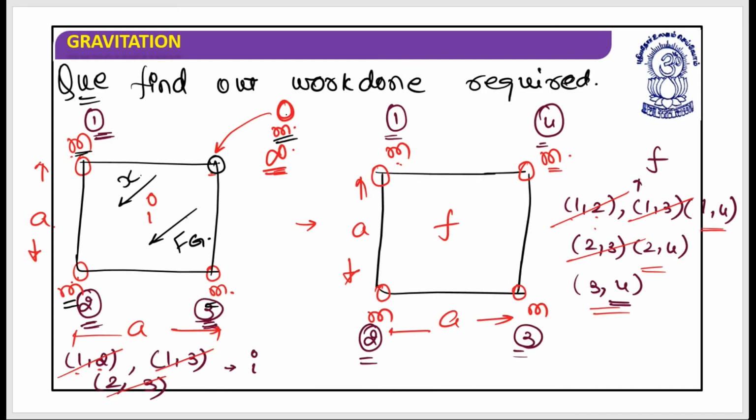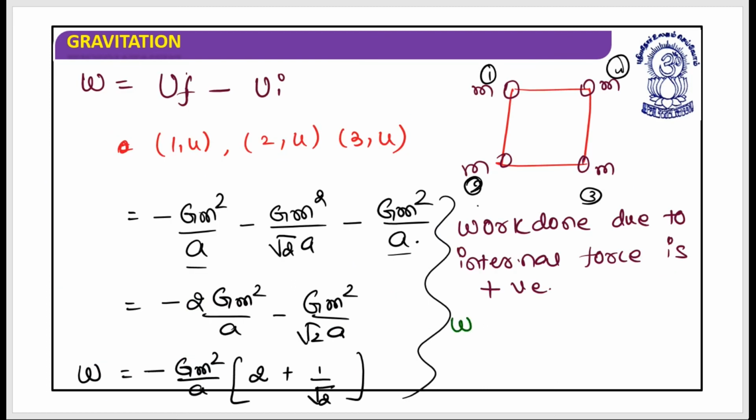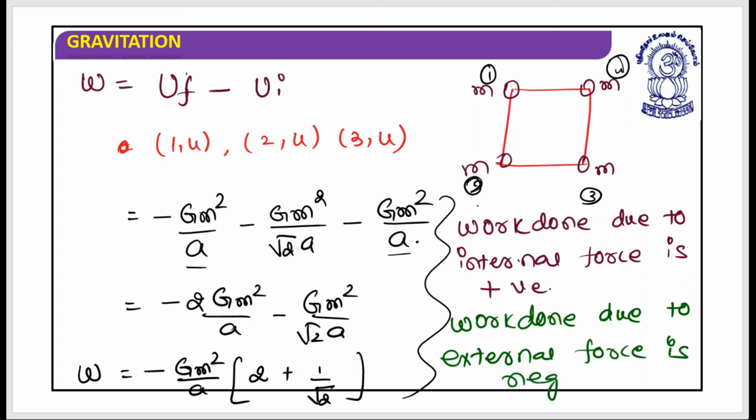If the force of gravitation is in this direction, then the external force is in the opposite direction, and that's why work done due to external force is negative. Are you clear with this? Are you sure? Any doubts?